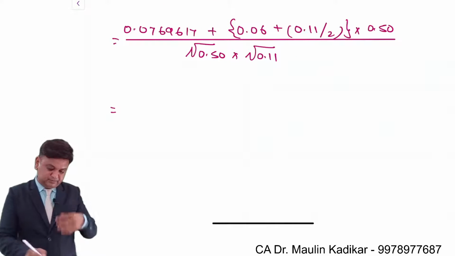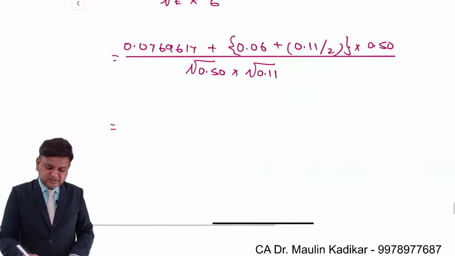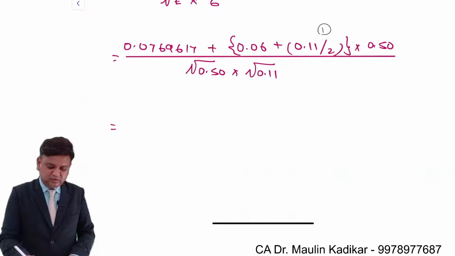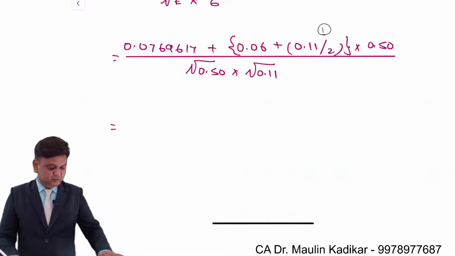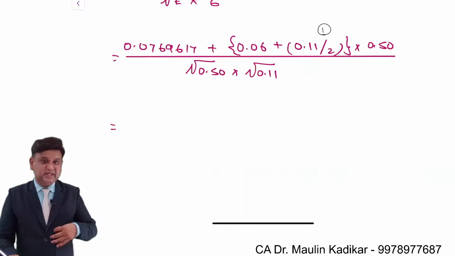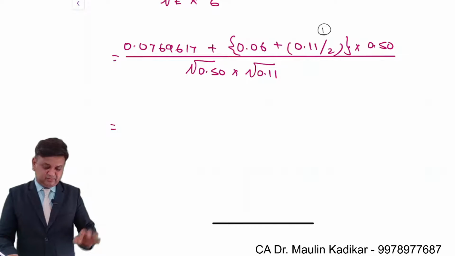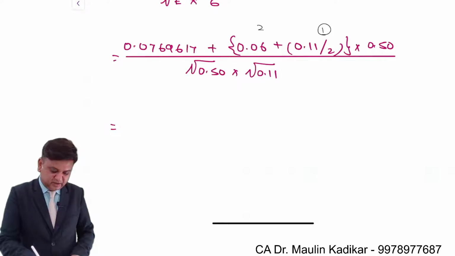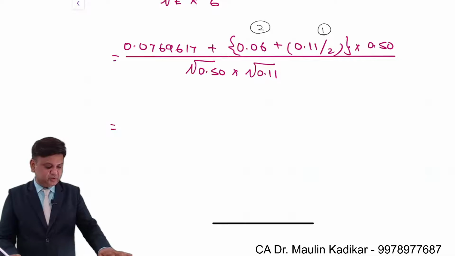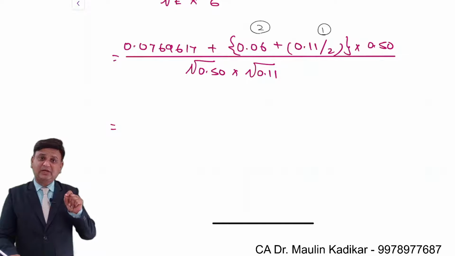So now, friends, first of all we'll do 0.11 divided by 2, that is 0.055. Then we will add 0.06 to it, so it is 0.115.